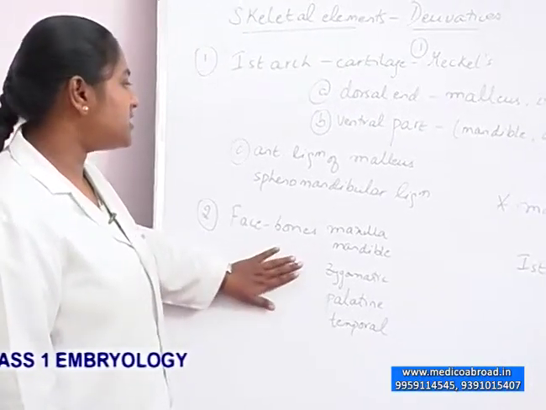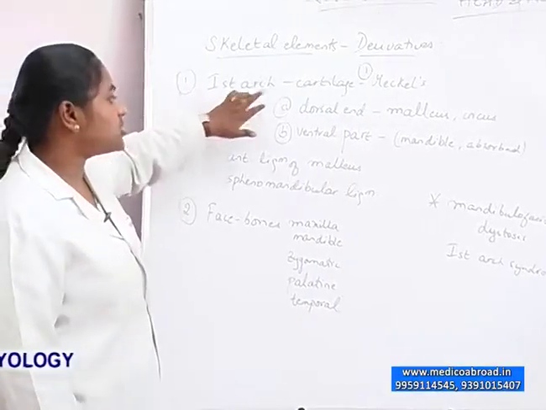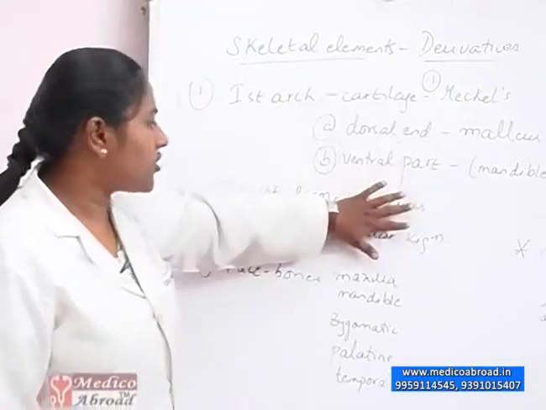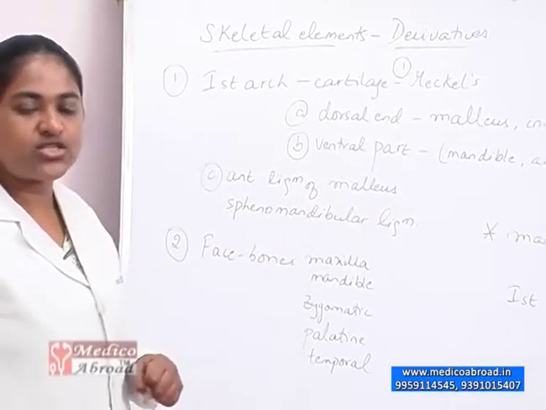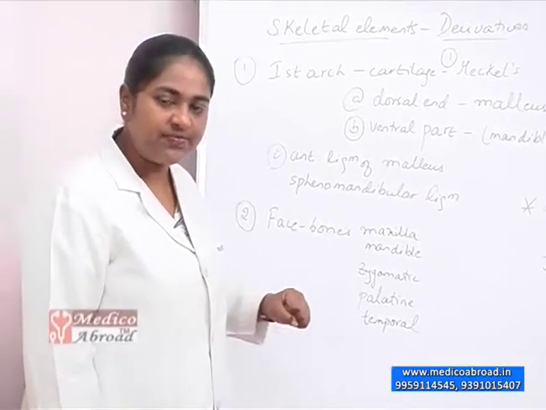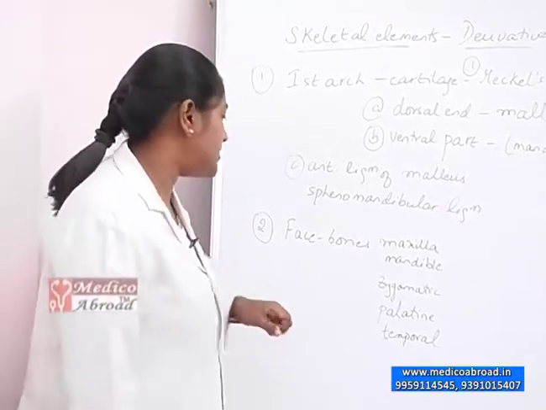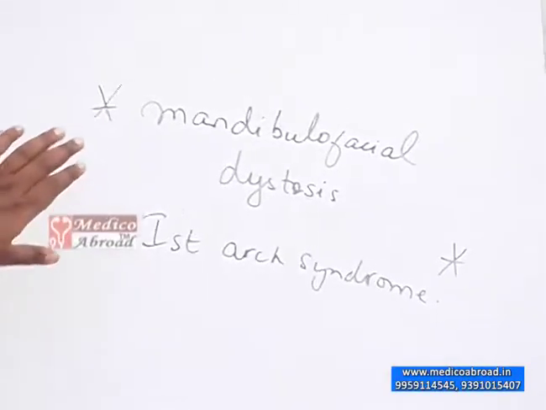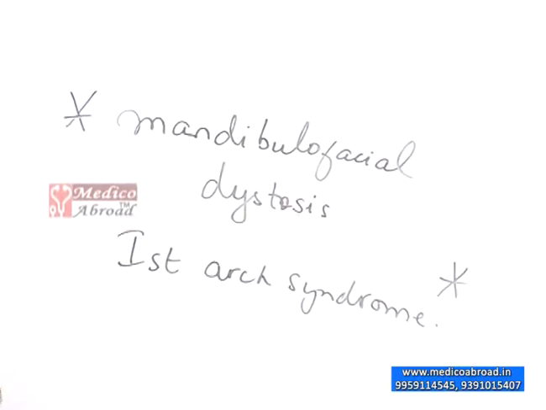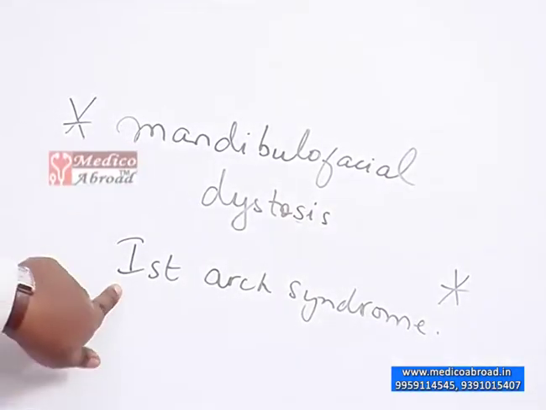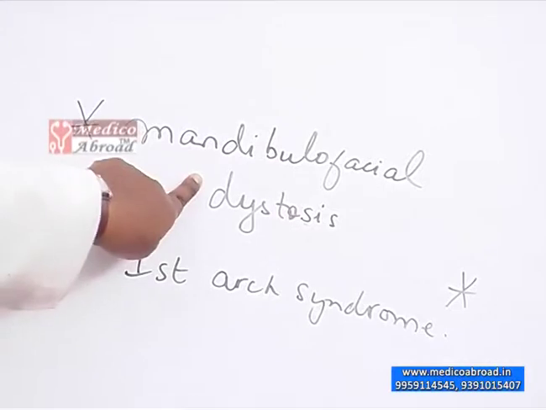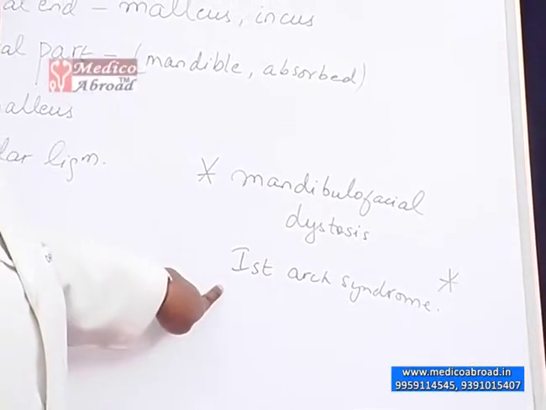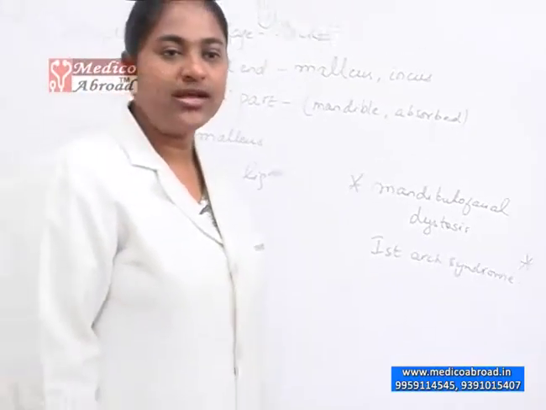Now, the first arch gives rise to not only the cartilaginous elements which are already mentioned here, but also gives rise to the bones of the face. Now if there is a maldevelopment of the first arch, you will have first arch syndrome or mandibulofacial dysostosis.